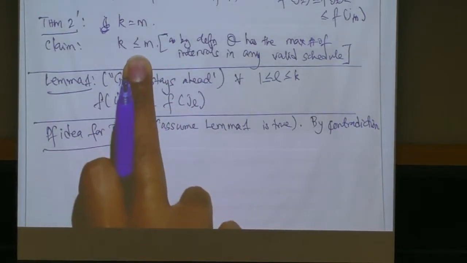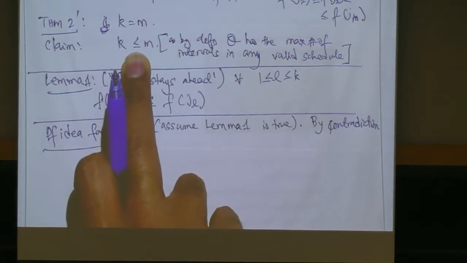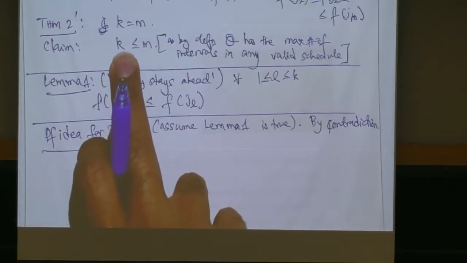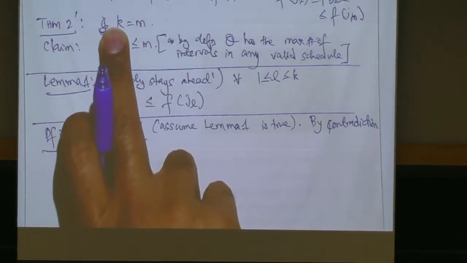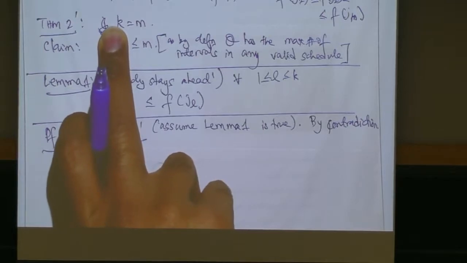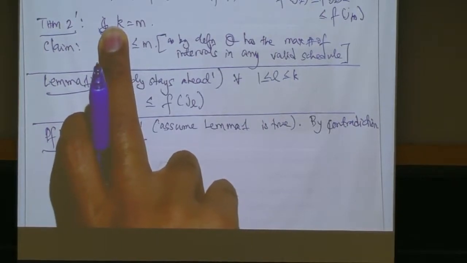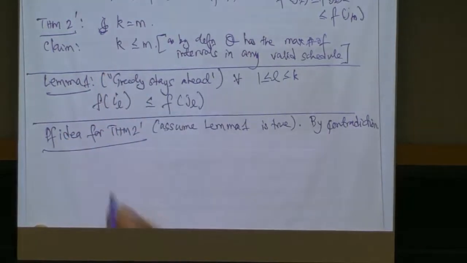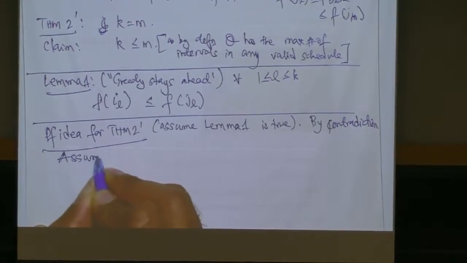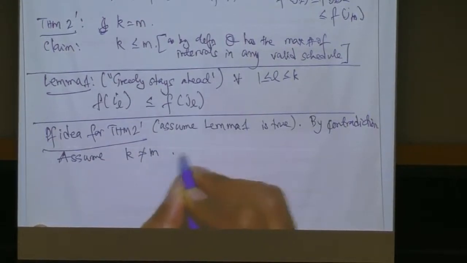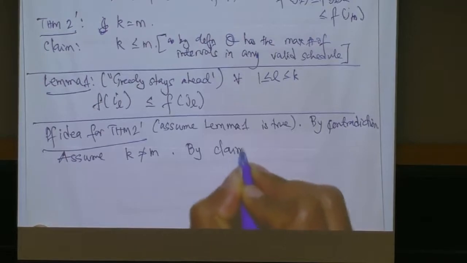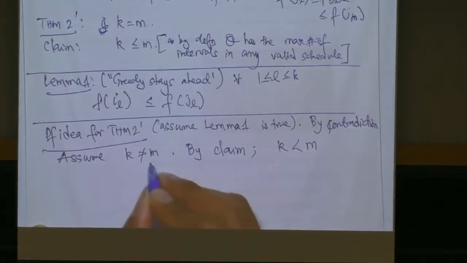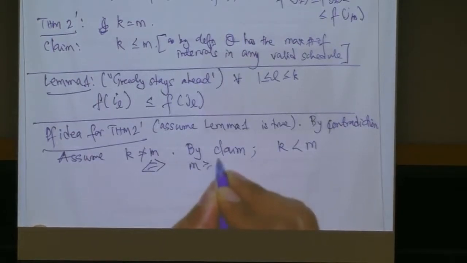So we know by the claim that k cannot be strictly more than m, it's less than or equal to m. So if we know k is less than or equal to m and we assume for the sake of contradiction that k is not equal to m, then by the claim k is strictly less than m, or equivalently m is greater than or equal to k plus 1.